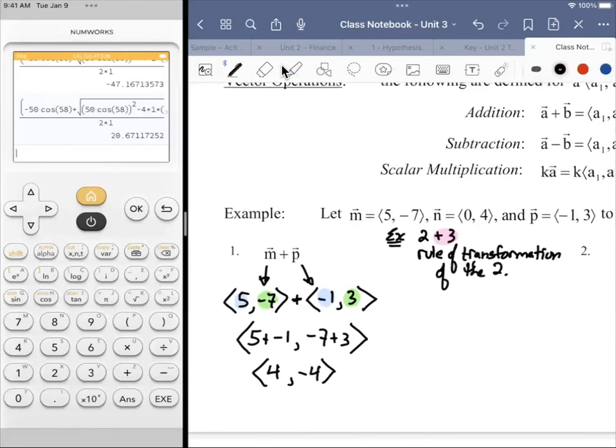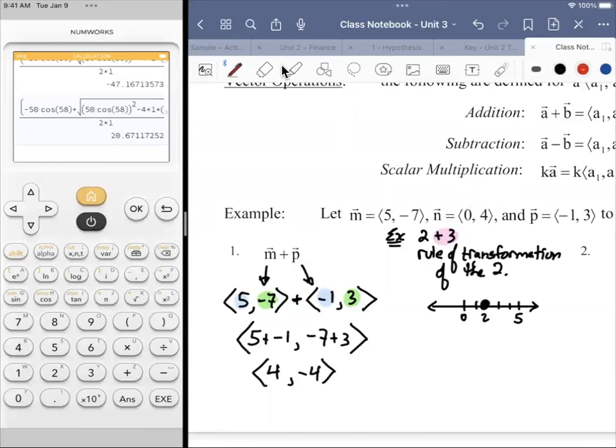So in this context, I'm transforming the 2 by moving it to the right 3 units, right? So it's a rightward shift, assuming that our one dimension is the horizontal axis. It could be a vertical axis. But if I have a 0 here, a 1 and a 2, so this is the point of interest, 3, 4, 5.